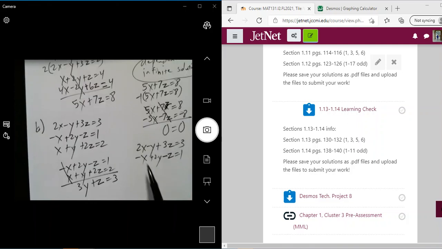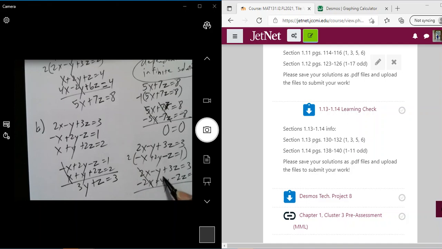And so we would try and get rid of the x's here. They have opposite signs. So the bottom here, the common multiple is 2. So we'll multiply the bottom by 2. So we add 2x minus y plus 3z equals 3. This will be negative 2x plus 4y minus 2z is equal to 2.